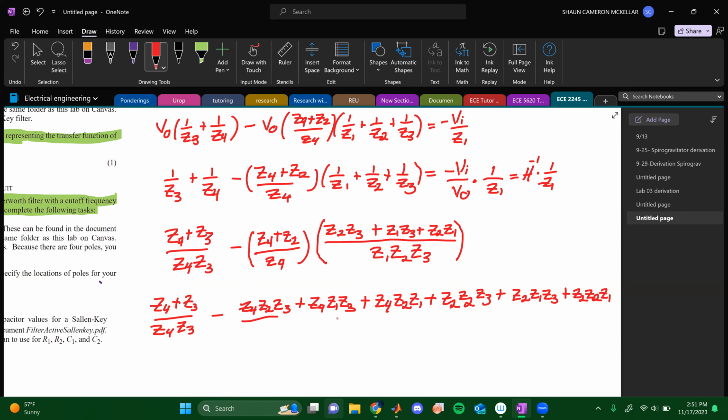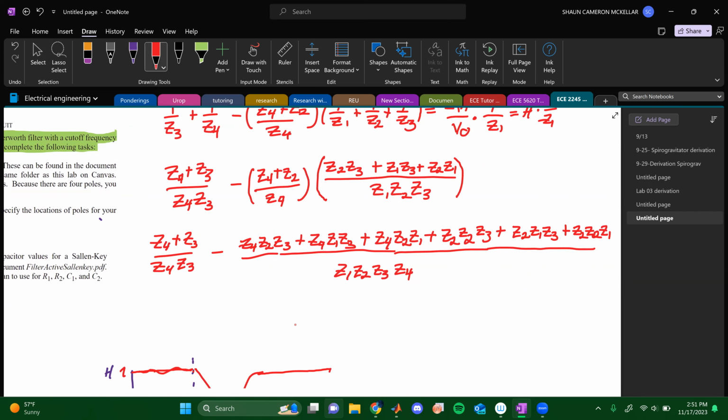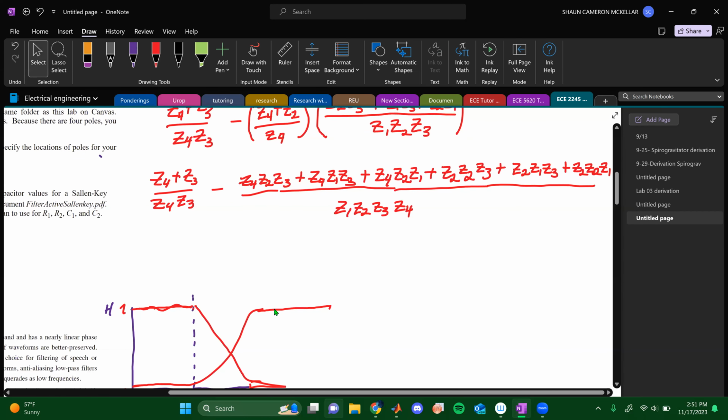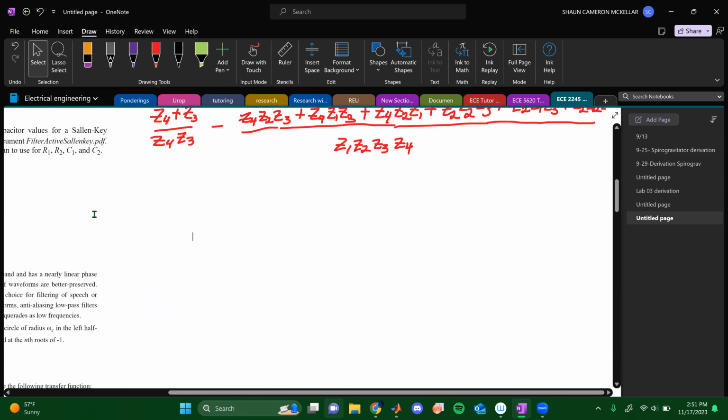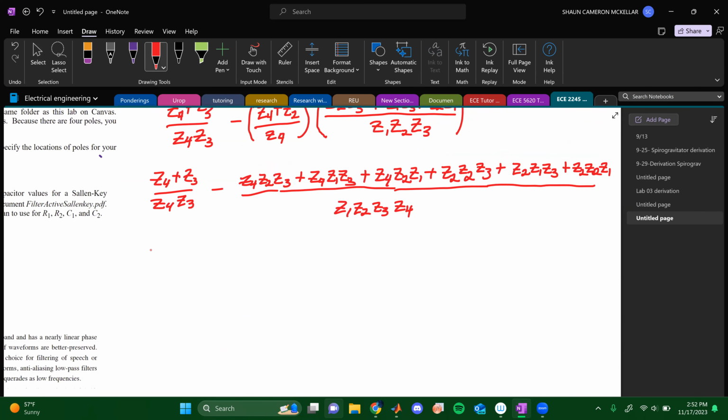And in the denominator, we just have our four terms. So that's z1, z2, z3, z4. Okay. So now, if I want to add on this part, I would have to multiply this denominator by the portions which are not present.